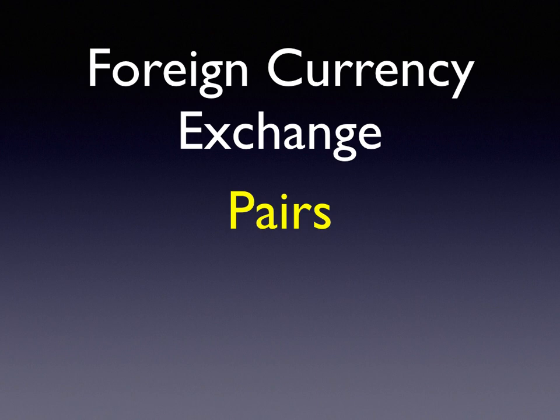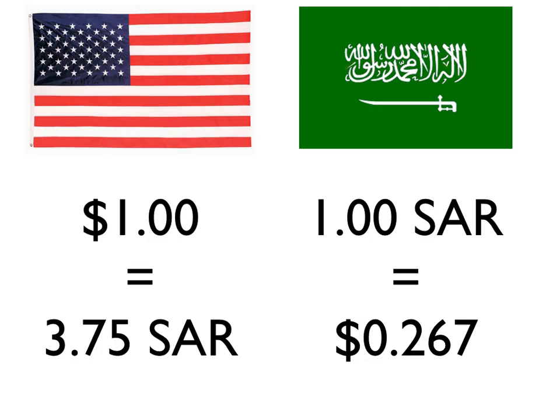All right. Okay, so the foreign currency exchange rate, we always remember that it's done in pairs. So you'll have two currencies that get swapped. So there's always a pair there. So let's do a little exercise here. The U.S. and Saudi Arabia both have their own currencies, U.S. dollars versus Saudi Arabian riyals or SARs. And the current exchange rate, this is one interesting currency because it is actually fixed. The Saudi Arabian government does fix their riyal to the dollar at a rate of 3.7 riyals to a dollar.